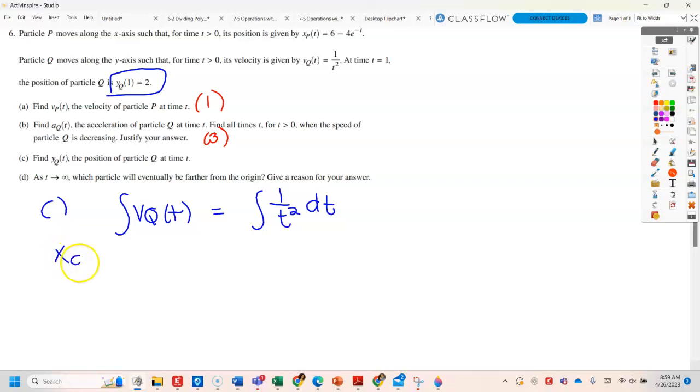So y_Q(t) will be equal to y_Q(1) plus the integral from 1 to t of 1 over t squared dt.